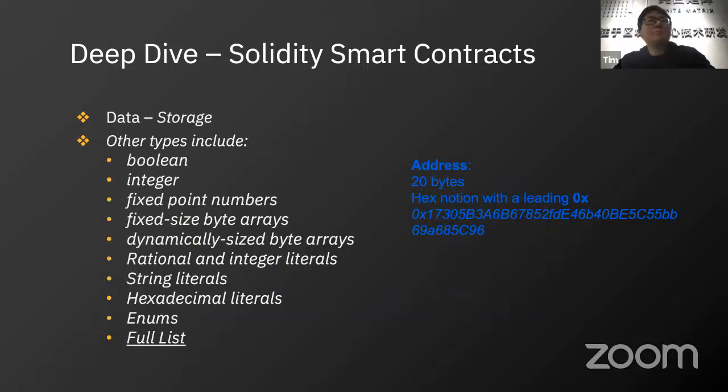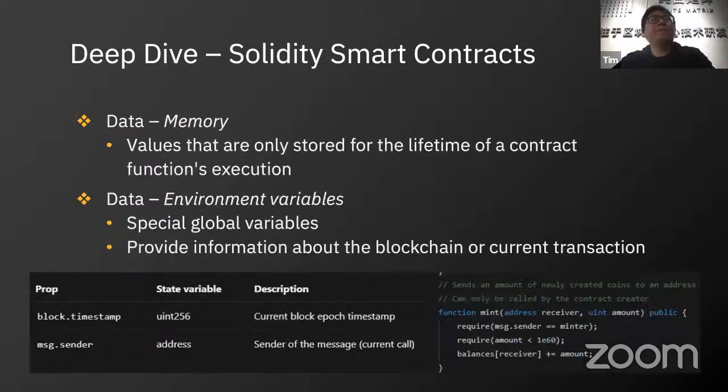There are various variable types in Solidity, but most of the types you must be familiar with if you have experience in other programming languages. The only unique type is address. It's basically a 20 bytes hex notation with a leading 0x. That represents the unique identifier of the account in the blockchain world. Okay.